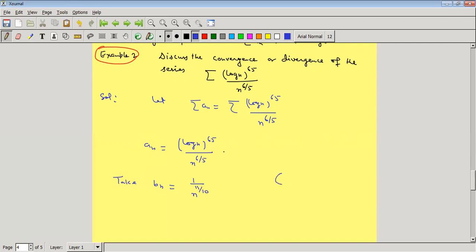How can we take this? Because we have p greater than 0 for convergence.